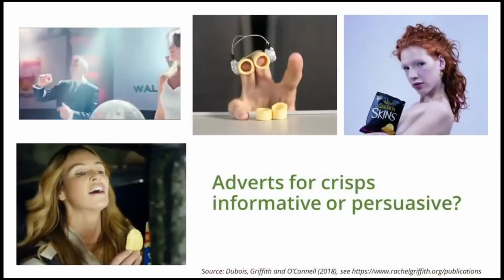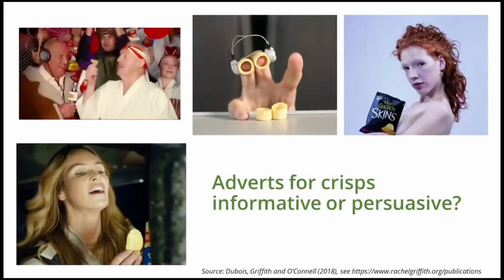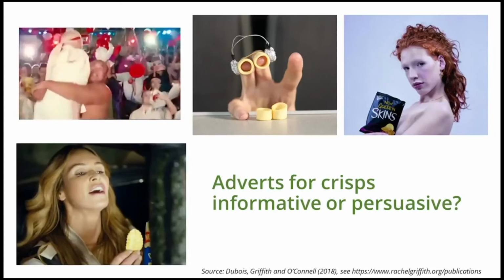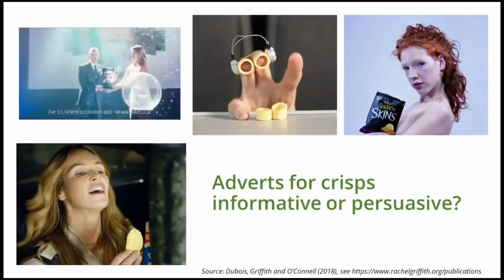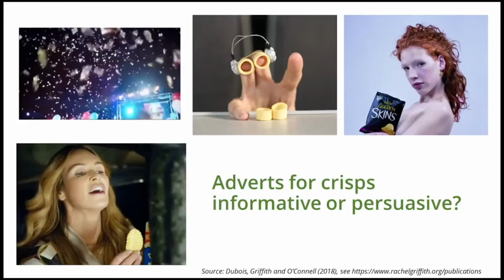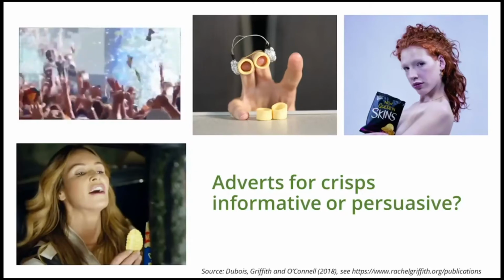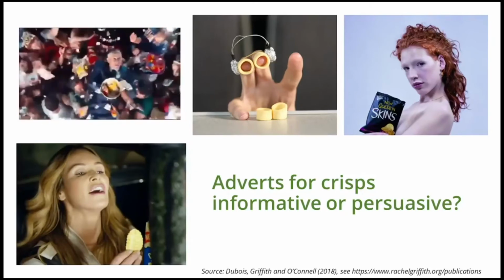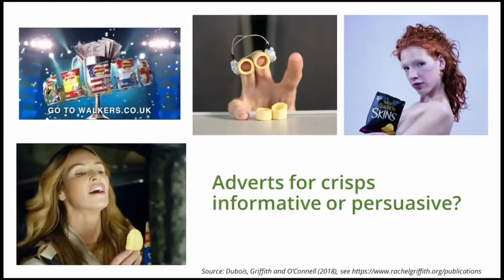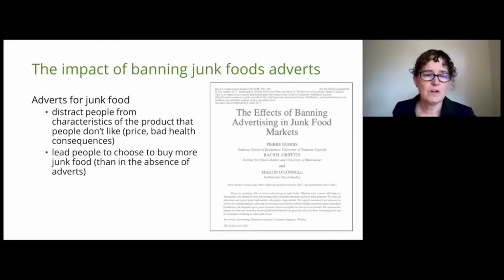However, if we look at adverts in the crisps market, which is what we study, I think we can argue that it's pretty unlikely that seeing a supermodel eat crisps is informative about the true impact that eating crisps will have on your health or utility. So in the paper, we calculate welfare under both assumptions, informative or persuasive, but we think the assumption that they're persuasive is pretty likely to be true.